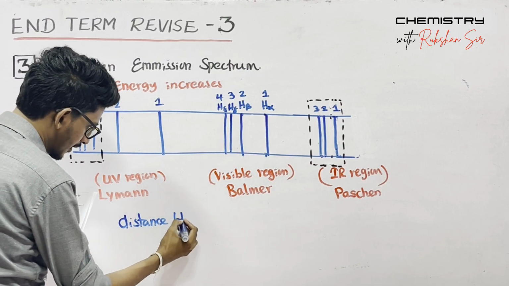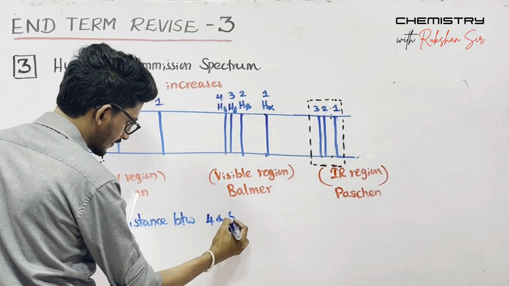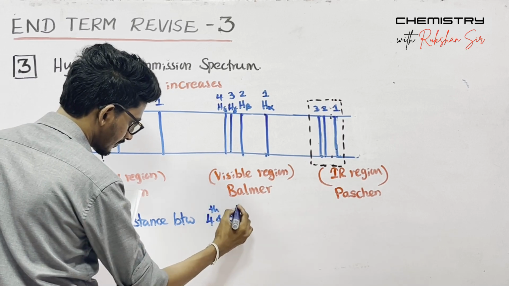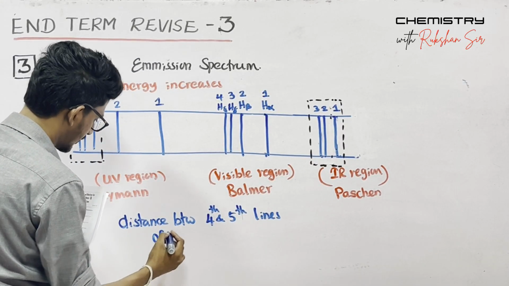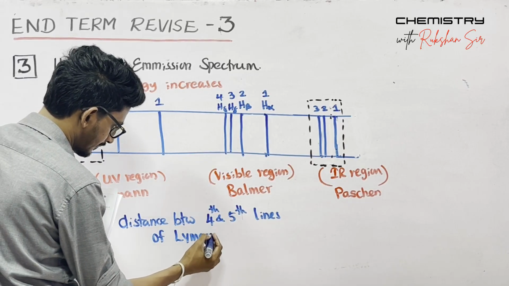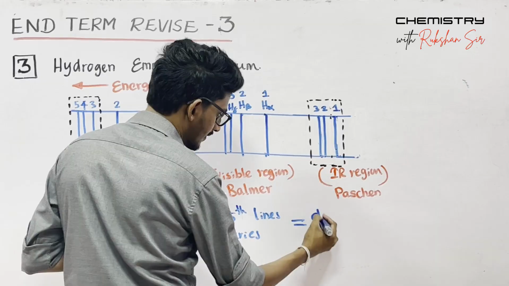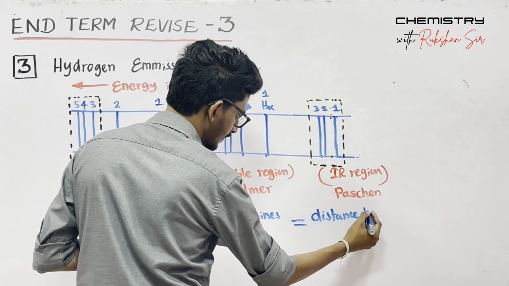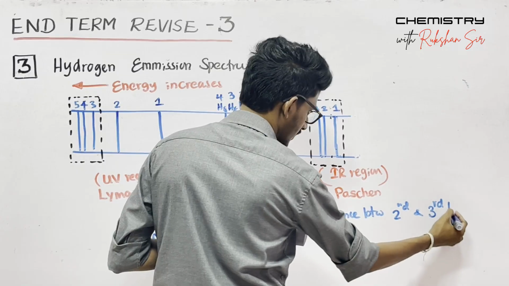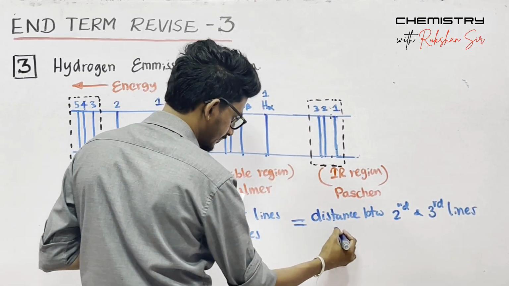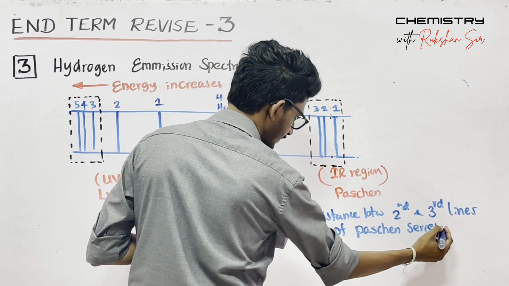Distance between the fourth and fifth lines of the Lyman series is equal to the distance between the second and third lines of the Paschen series, right?